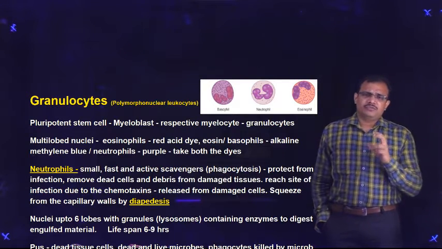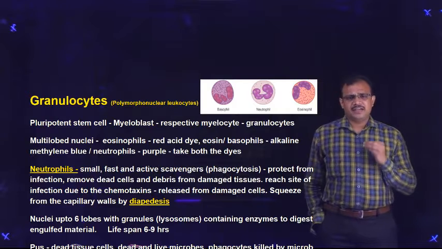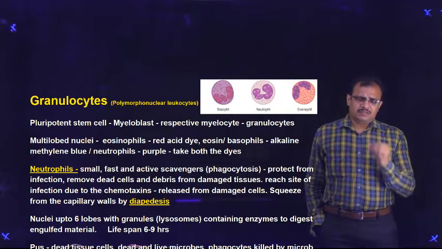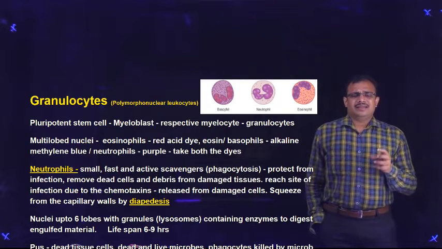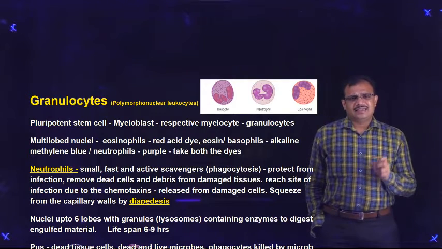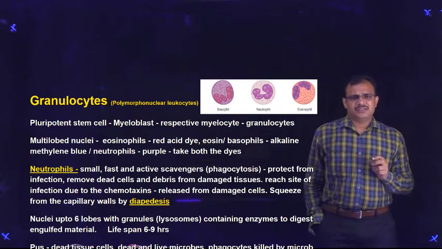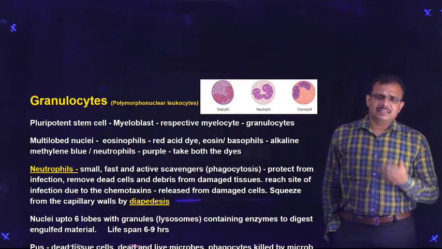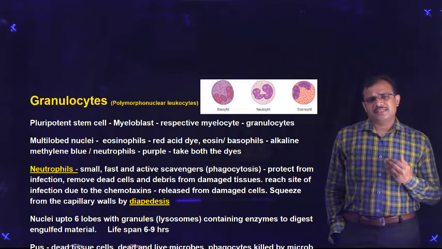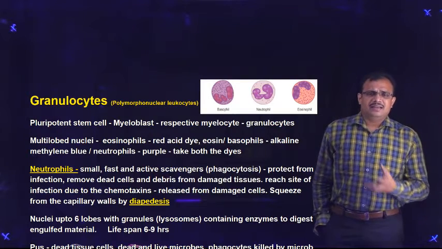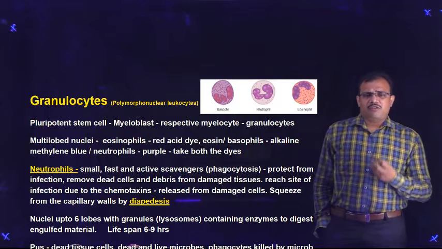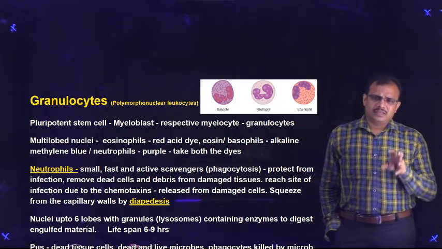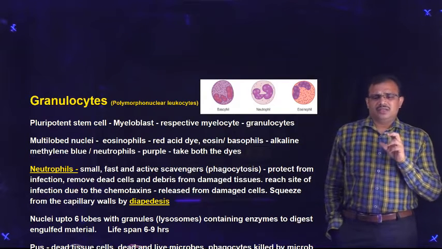Generally, the neutrophils reach the site of infection or inflammation by the chemotaxins that are released there. At the site of infection, the cellular membrane releases these chemotaxins, which attract the neutrophils present in the blood, and they accumulate more in that particular infectious region.